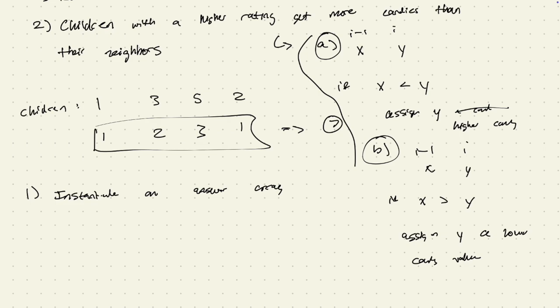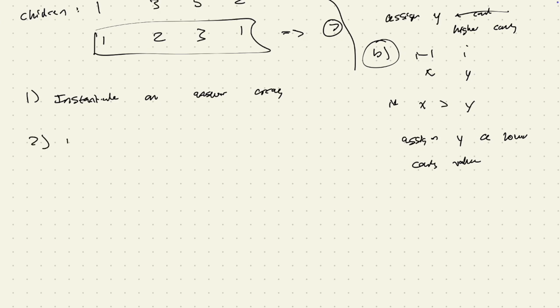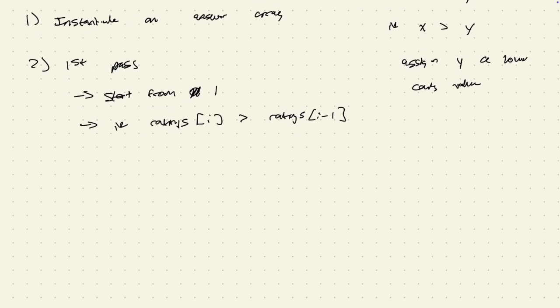For the first pass, I'll just write this down here. In the first pass, we're going to start from 0, and if ratings I is, sorry, we're going to start from 1 actually. And if ratings I is greater than ratings I minus 1, what are we going to do?